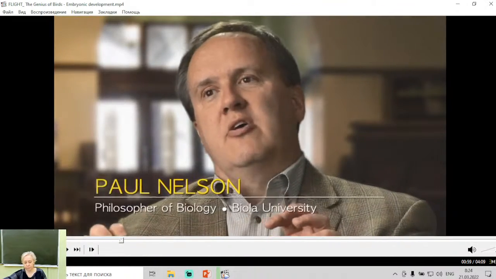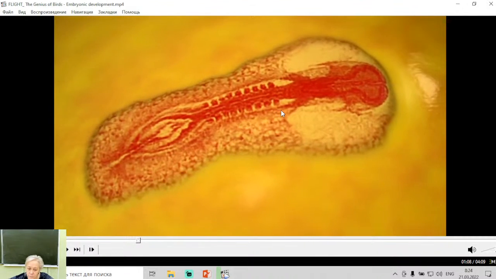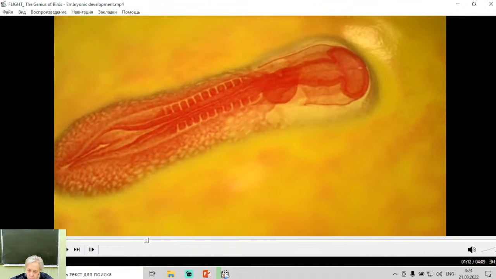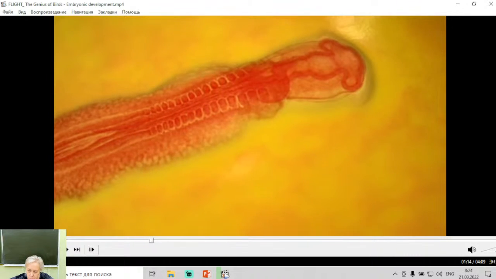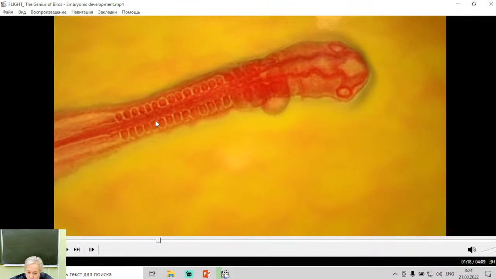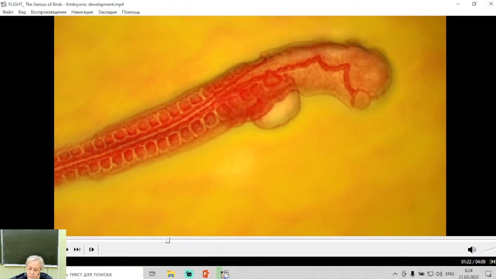They're committing themselves, in most cases, irreversibly to particular functional roles. On day 2, the bird's spinal cord, ears, and eyes take shape. Its vascular and circulatory systems are established, and its heart beats for the first time.